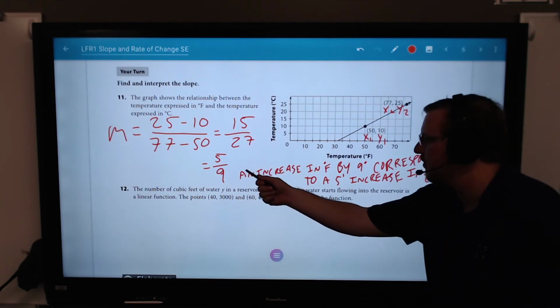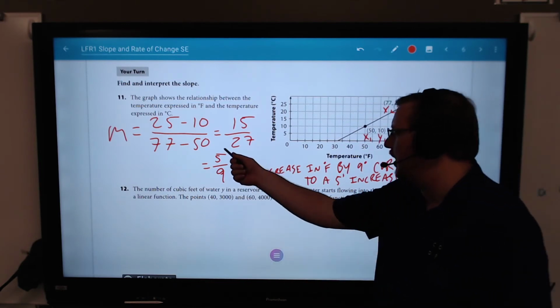An increase of 9 degrees in Fahrenheit corresponds to a 5-degree increase in Celsius.